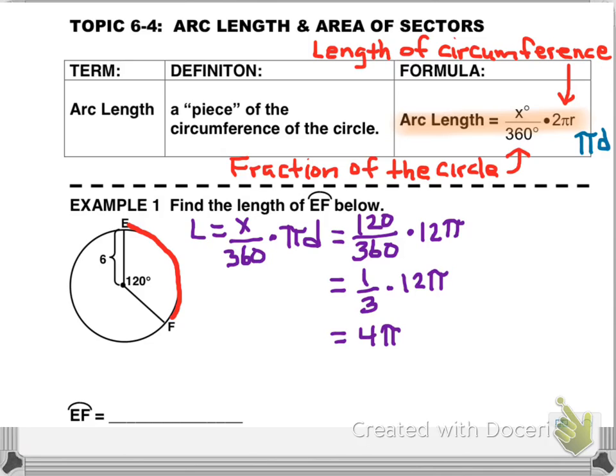We'll leave our answer in that form, 4 pi, although if we wanted an approximation that means maybe a little bit more to us, we would multiply 4 times 3.14, since pi is approximately 3.14.